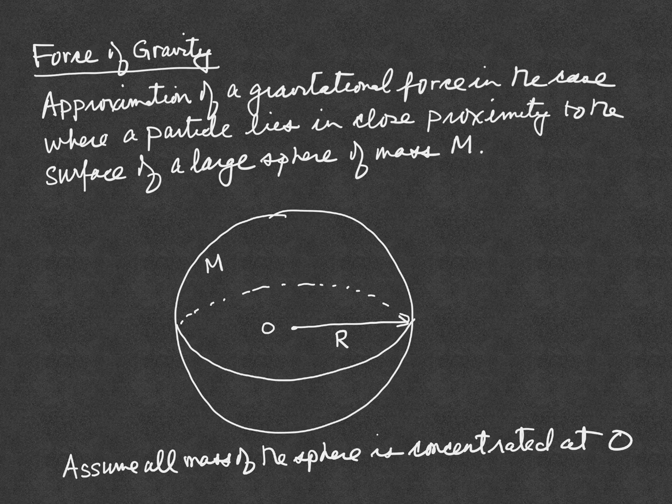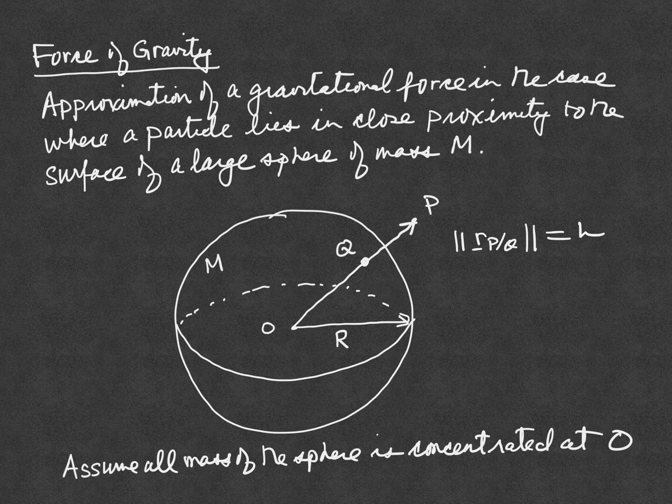Now here's the particle. The particle is up here, and it's in close proximity to the surface of the sphere. So the position of P relative to O is as I've drawn with that vector, but there's a point Q on the surface of the sphere. Now Q lies on the surface of the sphere in such a way that the distance from Q to P, so the magnitude of the position of P relative to Q, is going to be denoted H.